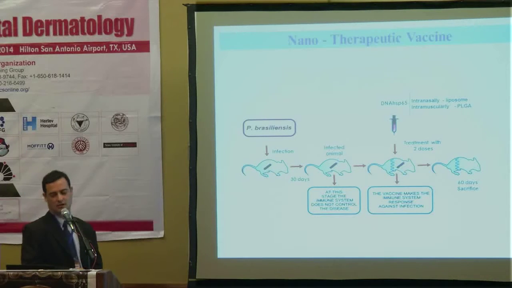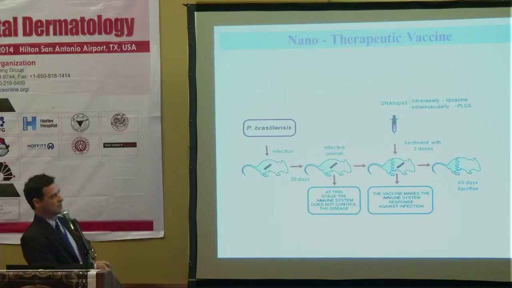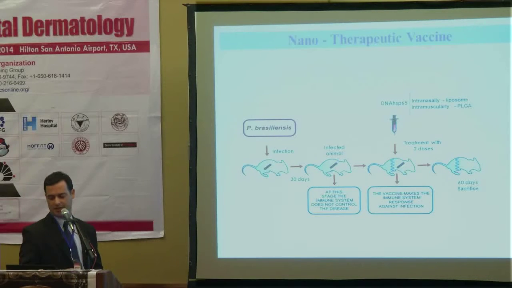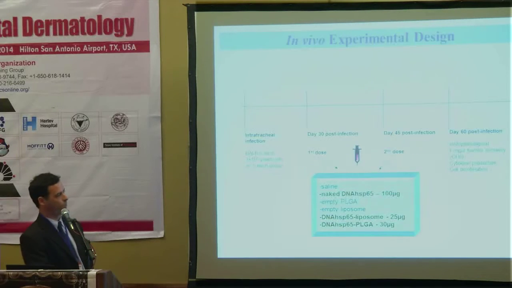As we are trying to prepare a therapeutic vaccine, we used this nano vaccine to treat the fungal infection. So we infected the animals with the fungus Paracoccidioides brasiliensis, and after 30 days, when the disease was established, we started to treat the animals with 2 doses. After the second dose, we sacrificed the animals after 60 days, and it elicited a protective immune response.